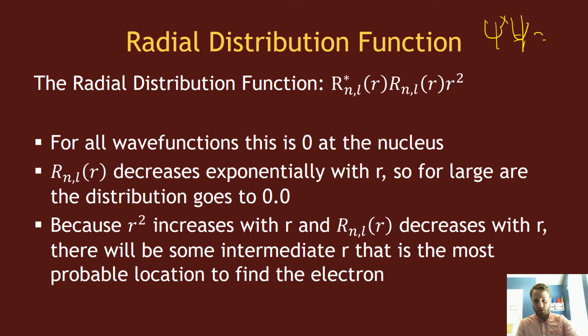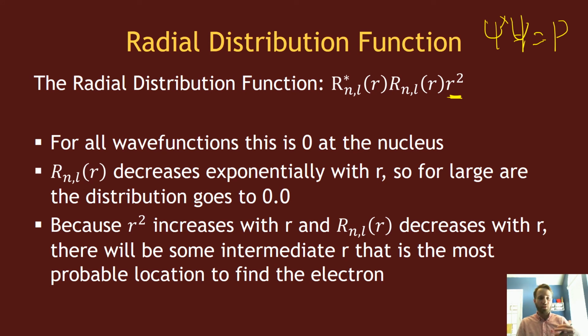Well, for the hydrogen atom we're using spherical coordinates, and because of that, there's this extra factor of r squared that pops up. So the actual probability distribution in the r direction is given by the radial part of the wave function times its complex conjugate, which is your normal thing, times this r squared.